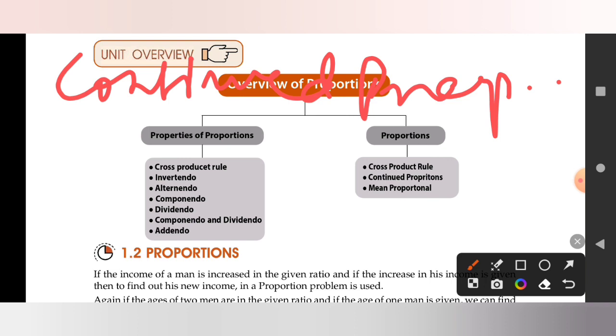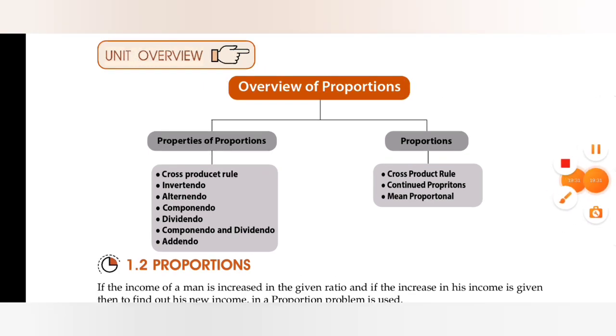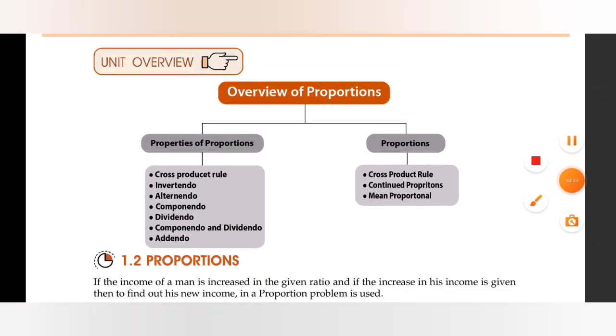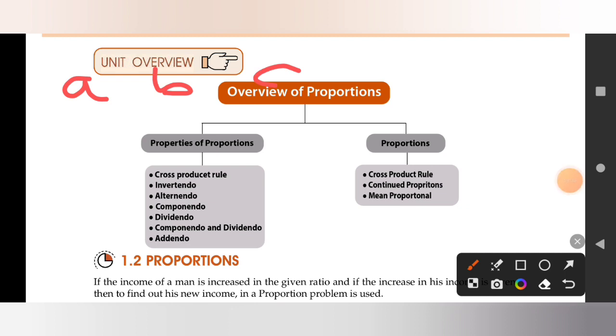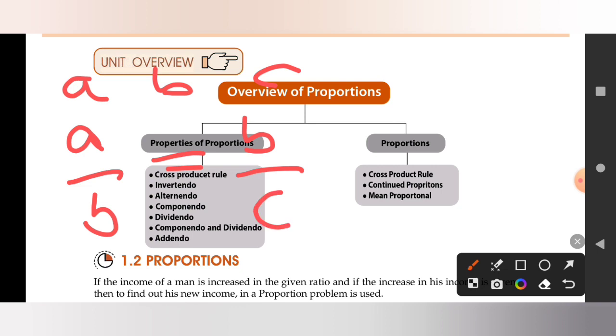Let me explain. Three or more numbers are so related that the ratio of the first to the second and second to the third are all equal. Suppose we have numbers A, B, C. So A by B is equal to B by C. This is what continued proportions would say.